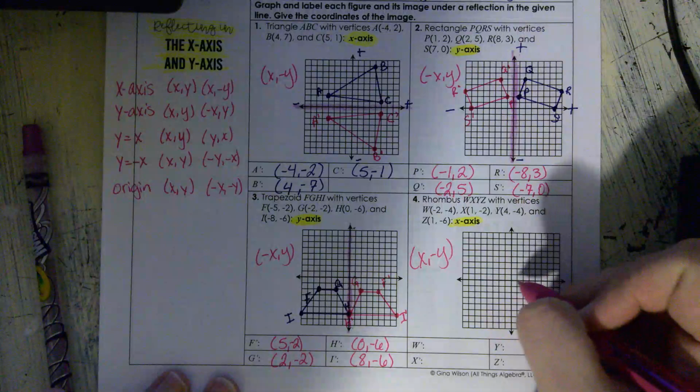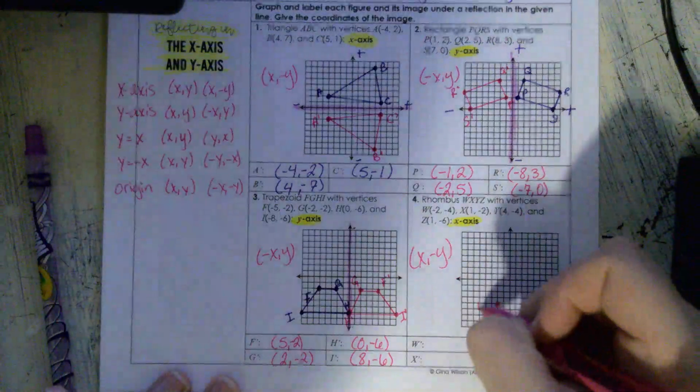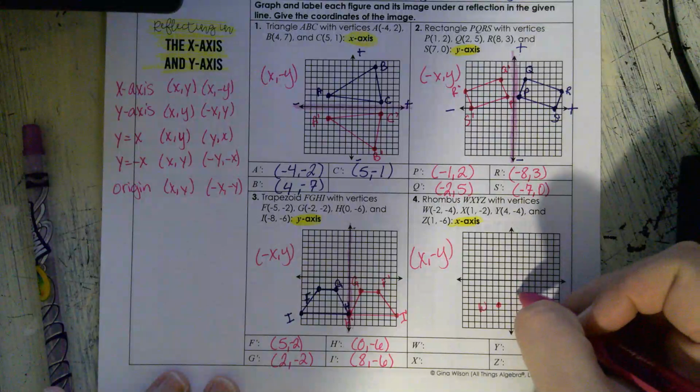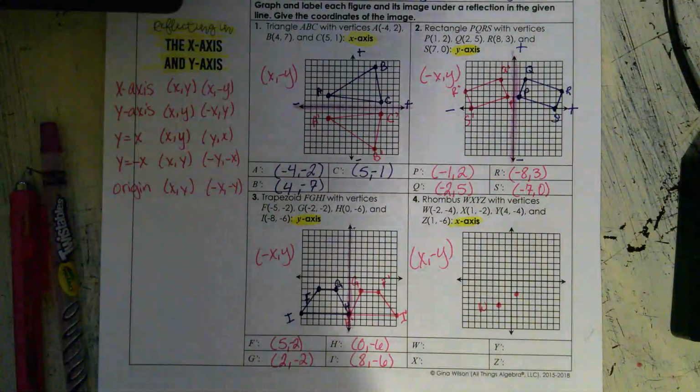Negative 2, negative 4. W. 1, negative 2. Oh, I didn't change the colors of my pen, did I?